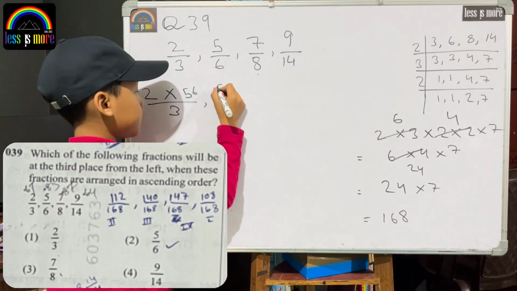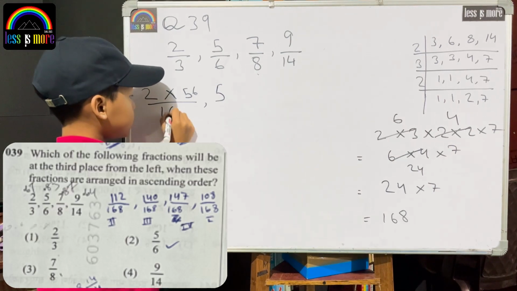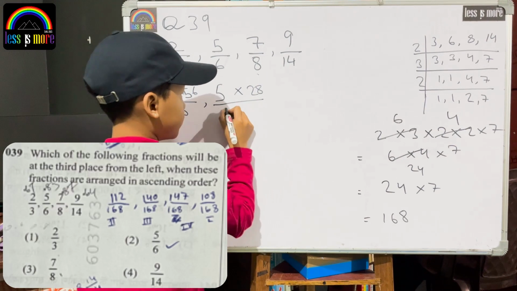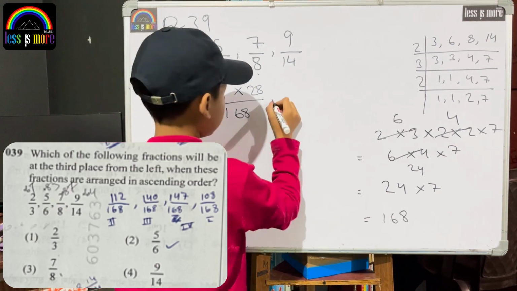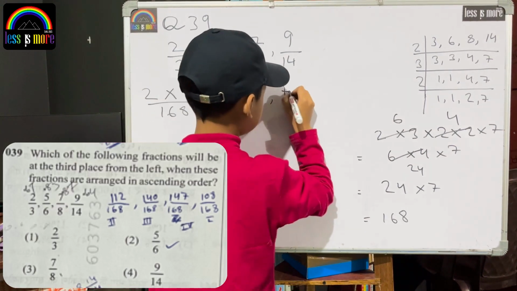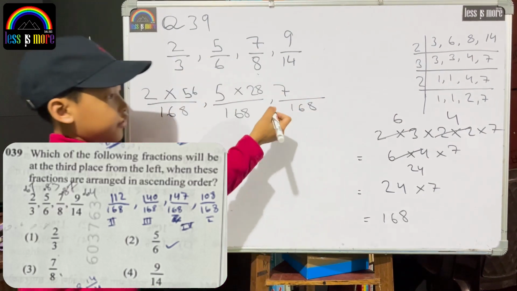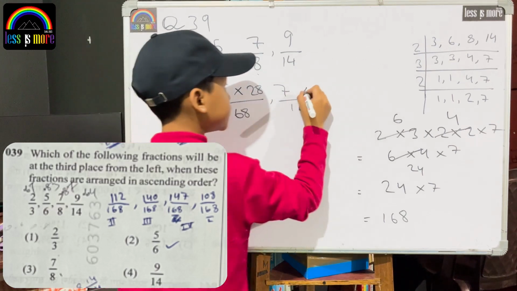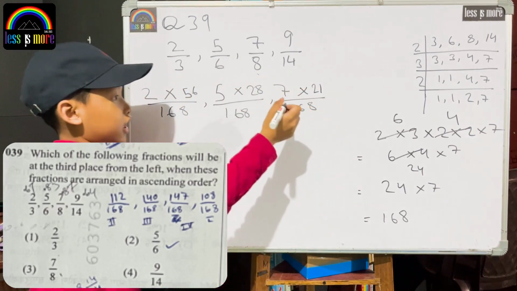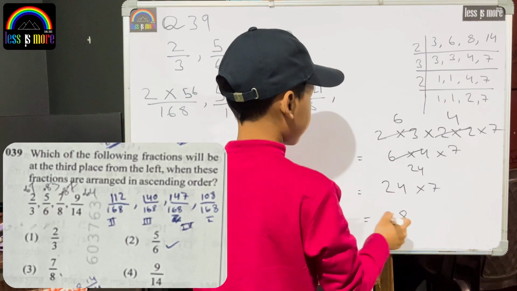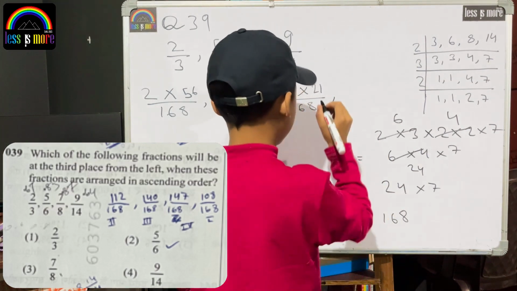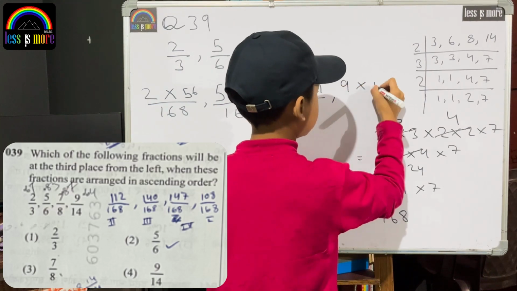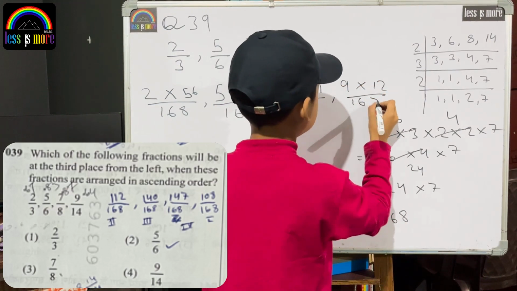Then we multiply 5 with 28, and the denominator will be 168. Then the next one, 7 by 8. We divide 168 by 8, and it will be 21, so we multiply 7 with 21. And the last one, 9 by 14. We divide 168 by 14, and it will be 12. Then 9 times 12 by 168.